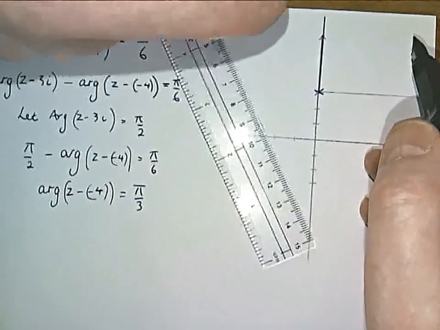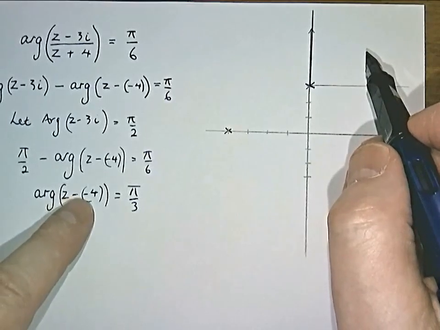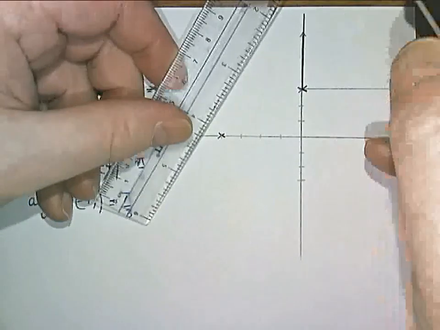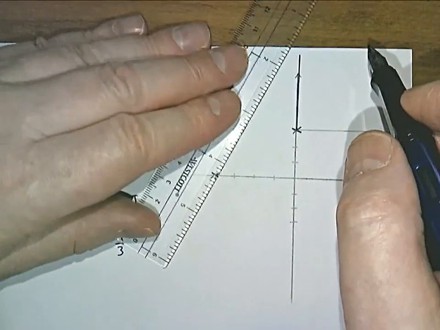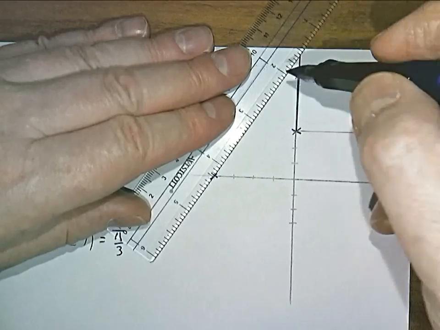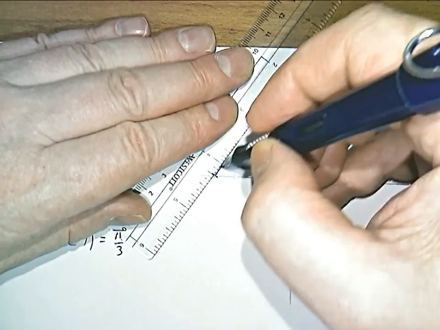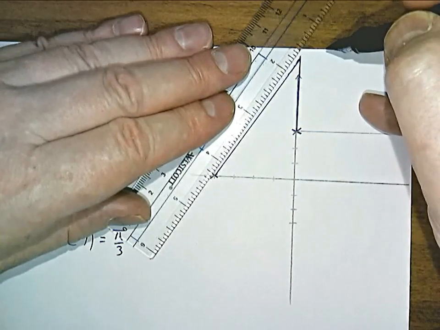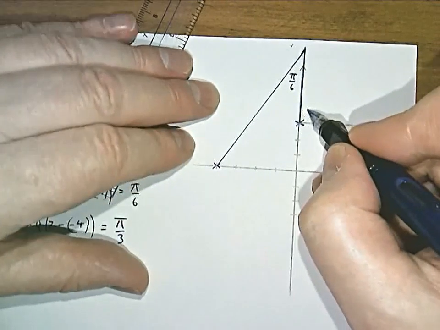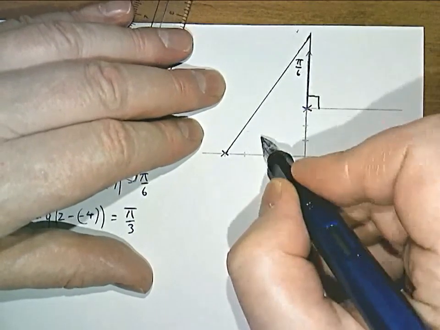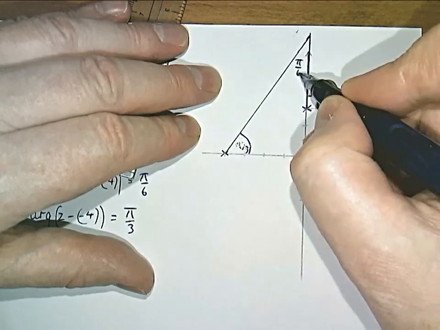Now, we try arg of (z minus 4) equals pi over 3, and that's an angle of 60 degrees, which is going to take us up there. And we form an angle which is pi over 6. And we can see that pi over 2 minus pi over 3 does indeed equal pi over 6.